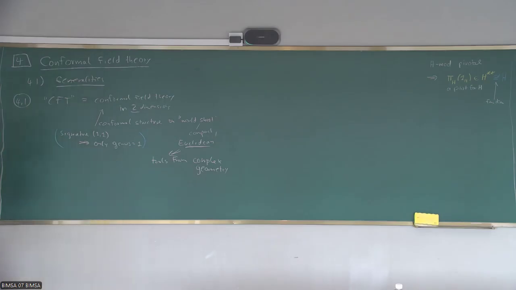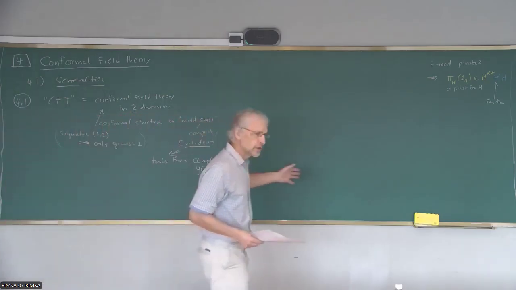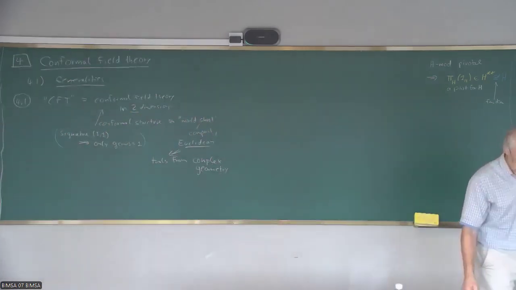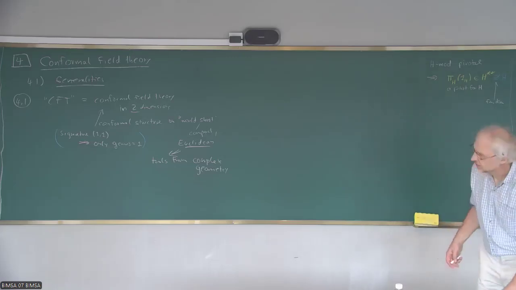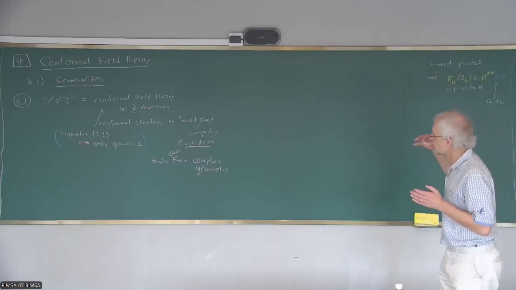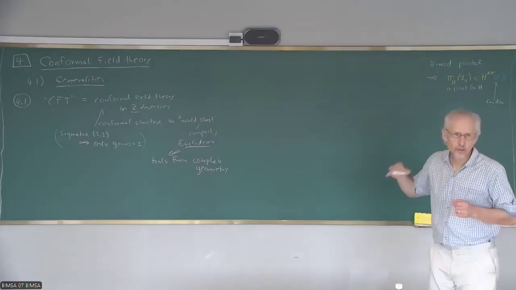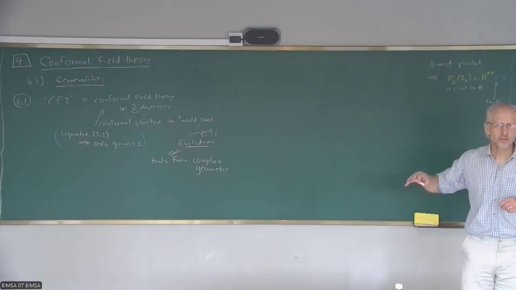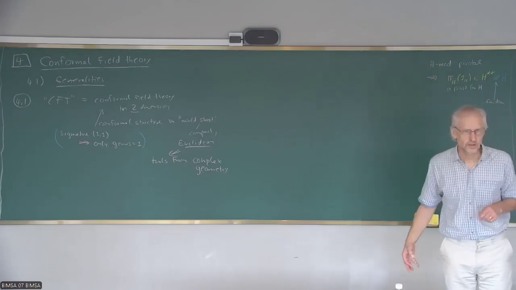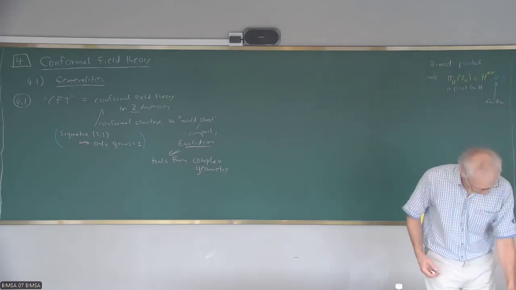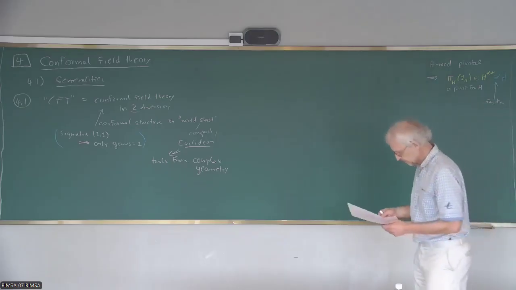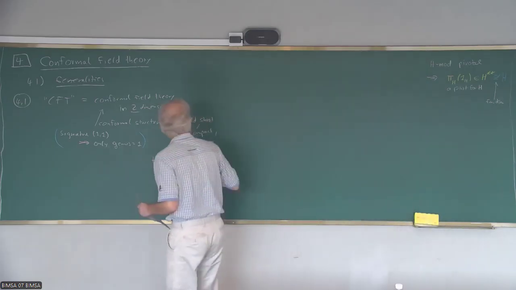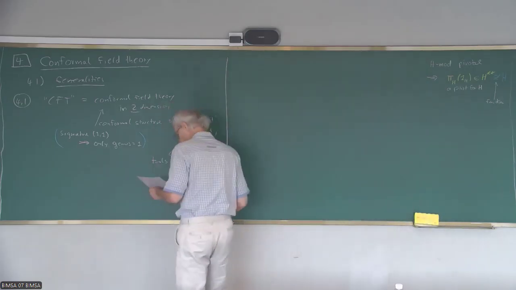The point is that if you have an orientable surface which has a conformal structure, then the conformal structure together with a choice of orientation gives you a complex structure. Maybe I don't write that down.